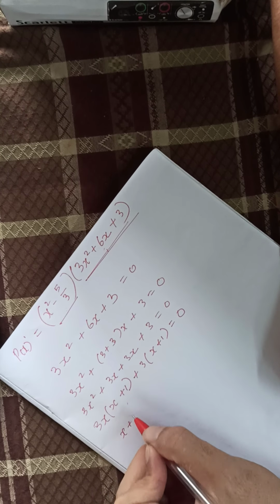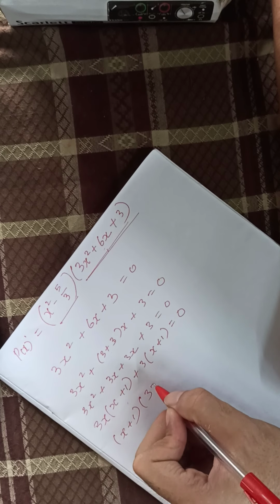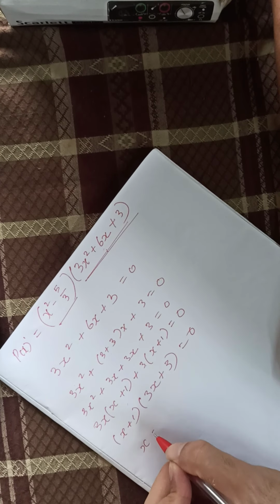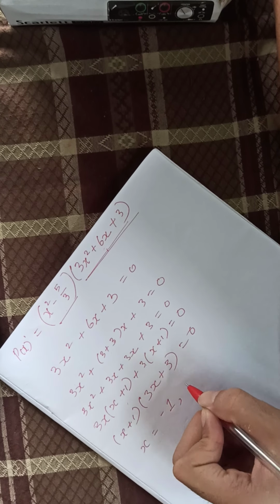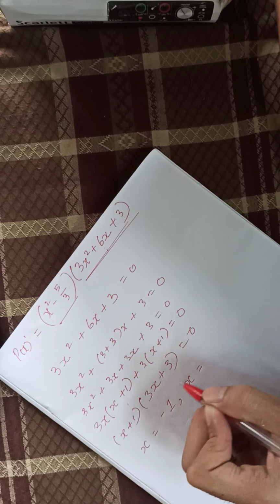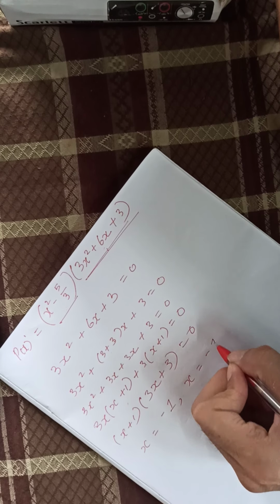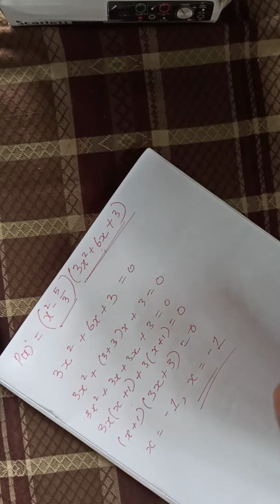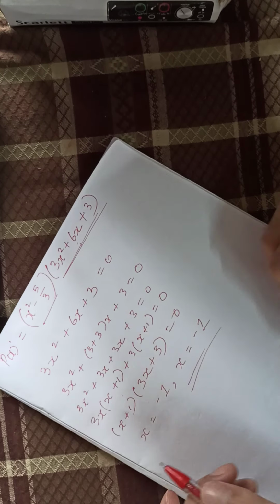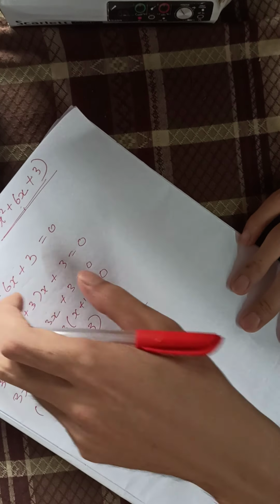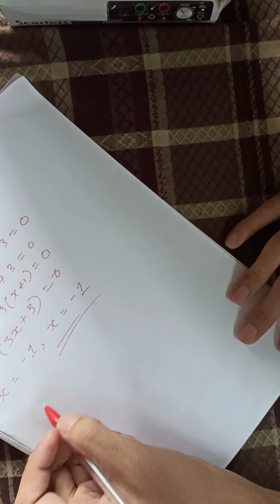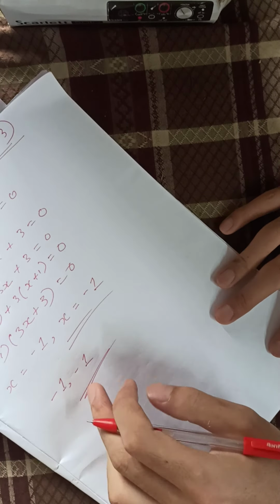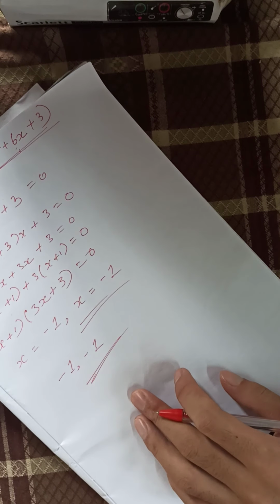So (x plus 1)(3x plus 3). So the other zeros: x equals minus 1, and here also we get minus 1. So the other two zeros of this polynomial P(x) are minus 1 and minus 1. This is how we find out.